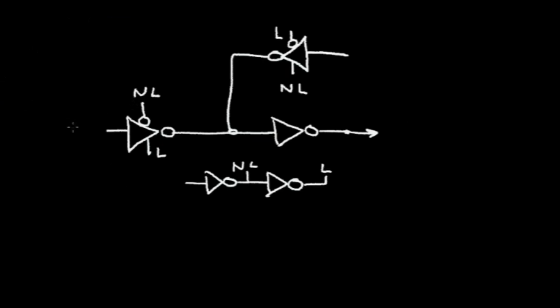Now I'm going to change the name of this input to A. It was data, we'll call it A. In our new circuit, this input will be called B. And this will be called OUT. This input that was my load signal, I'm going to call it SA, which means select A.